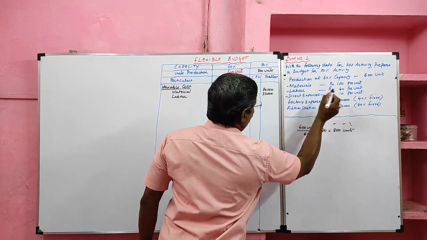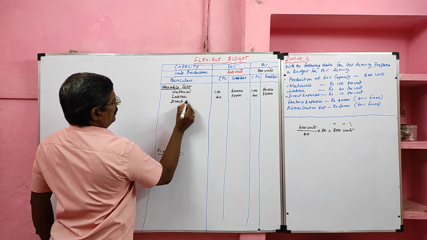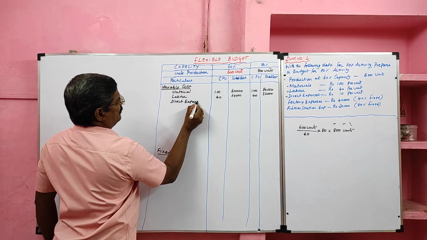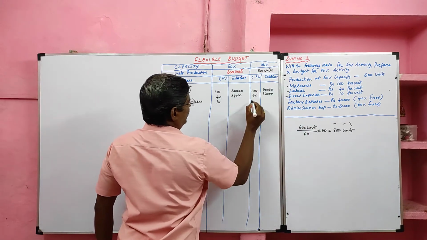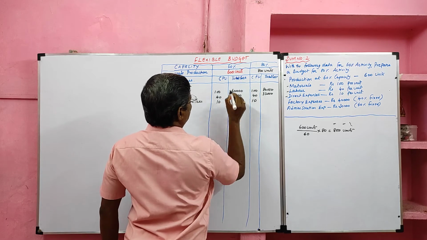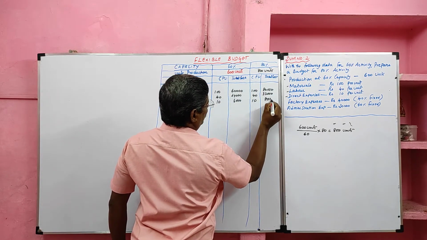Then direct expenses, given per unit at 10 rupees. 10 into 600 is 6,000 rupees, and 10 into 800 is 8,000 rupees.